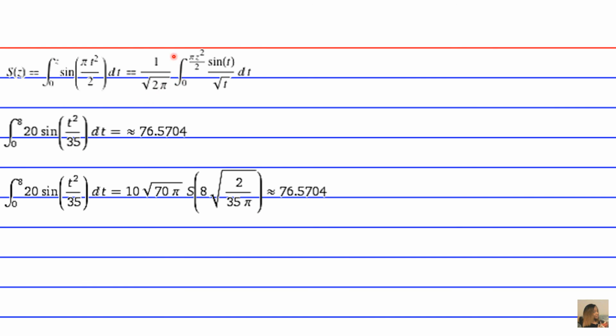Or you can also put this into your calculator, all right, and make sure that you have it in degree mode and you make your z your upper limit of integration. And then you would get the answer, okay? And remember that the t would be like, you know, the time that you're dealing with, all right? Okay.